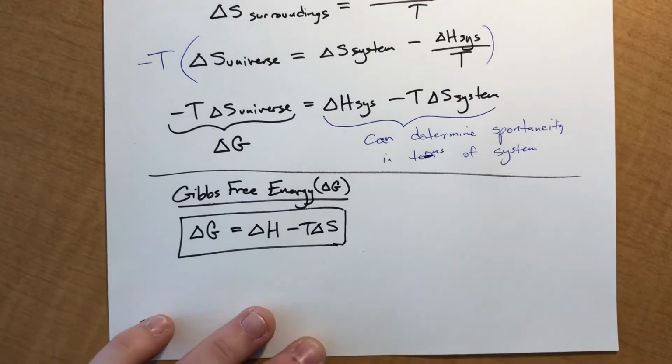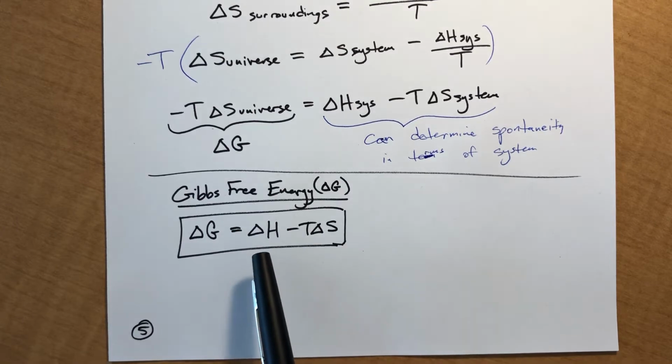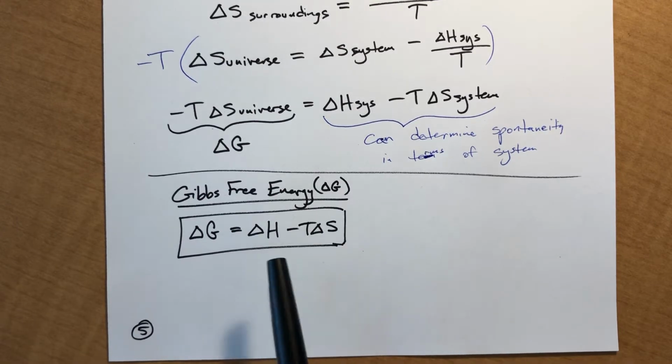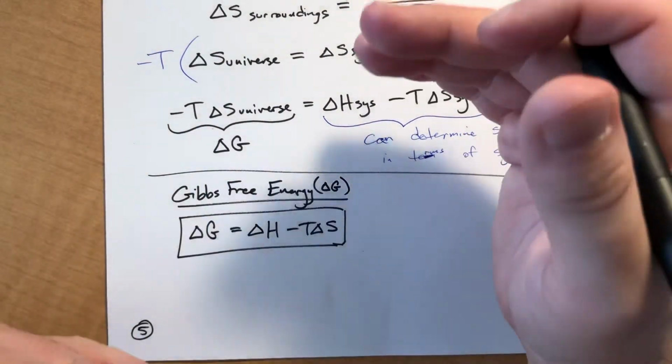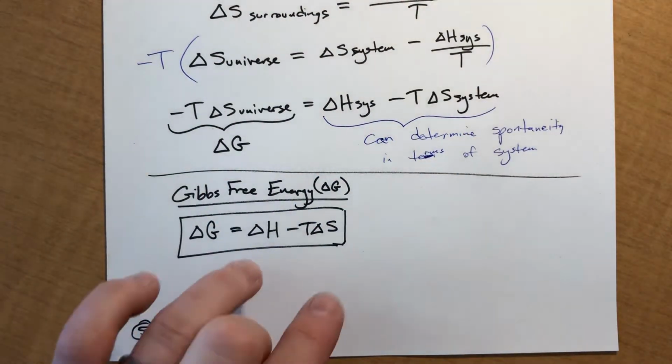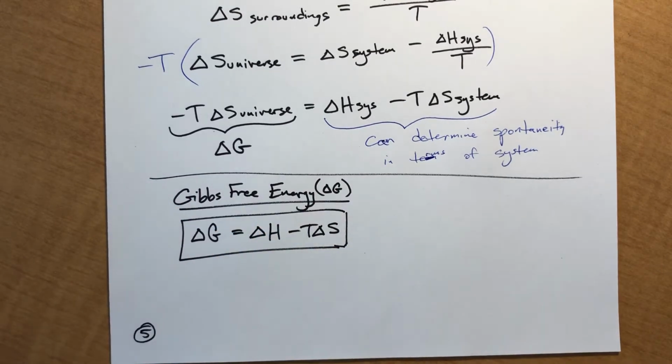Here's the outcome of this. It turns out that delta S is important for determining spontaneity, but also delta H. Obviously, if you've got a reaction that has too much of an energy barrier, like if it requires too much energy, the reaction won't happen. Both of these are important, and depending on the reaction, one can override the other, but they're both important.